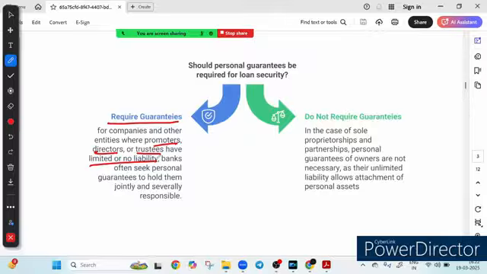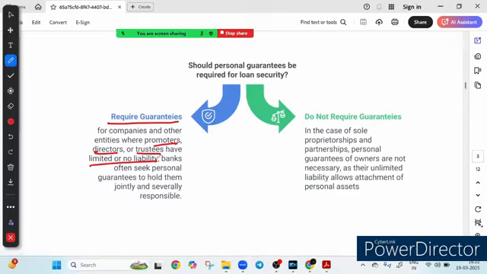It is a way to safeguard the bank interest when corporate liability is limited. So again I am repeating, yes, personal guarantee is required for loan security in those cases where promoter, director or trustee have limited or no liability.